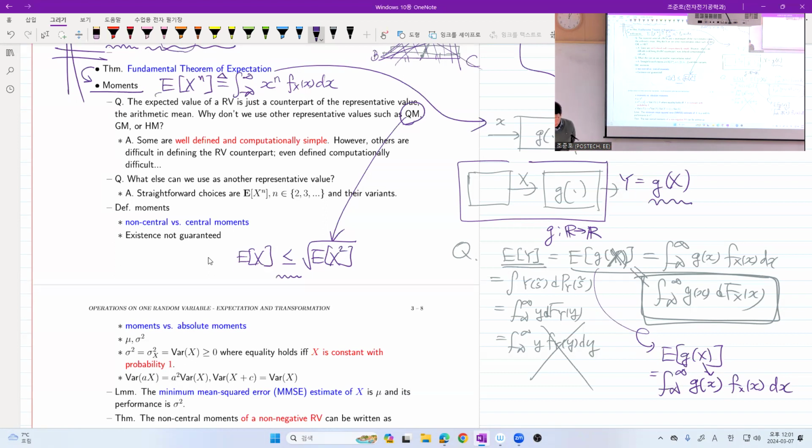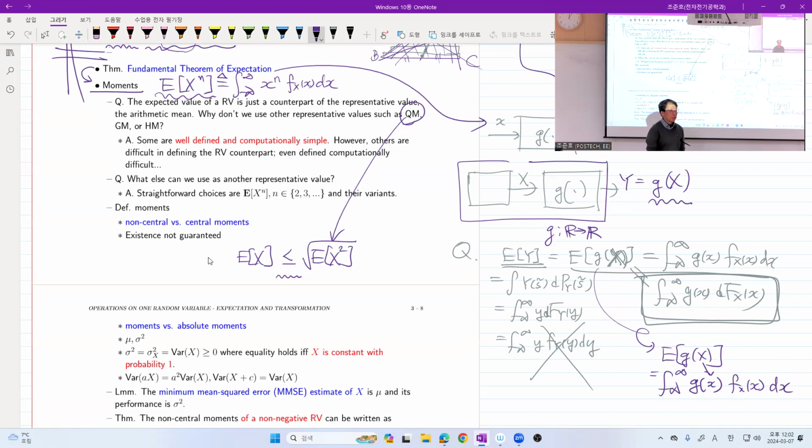Anyway, people really love these moments or modified versions of moments. Why? Because they are easy to compute. As you see, we have a polynomial, and a polynomial is one of the simplest functions to integrate. Of course, the simplest one is a constant, but that's too simple.